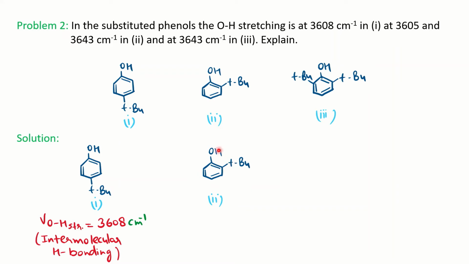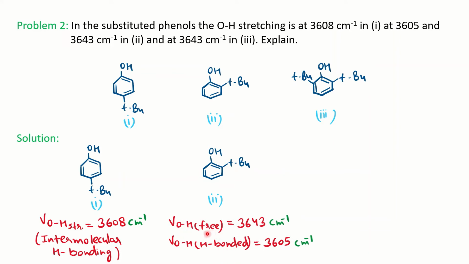So from this side the hydrogen bonding with respect to the other molecule is slightly hindered, while on the other side it is free. So therefore you are getting two peaks here. One is for the free OH stretching in the range of 3643, a sharp peak. And then the hydrogen bonded, that is intermolecular hydrogen bonding, in the same range as the first isomer showed, a broad peak. So both will be there.